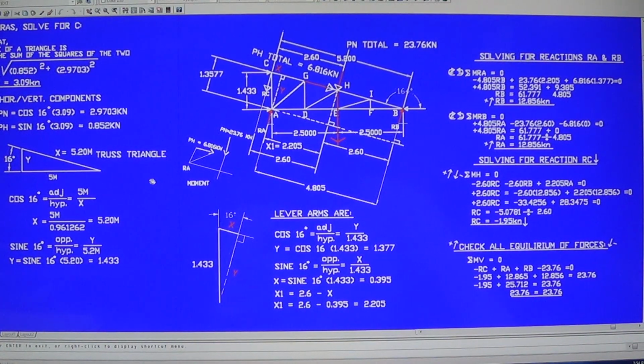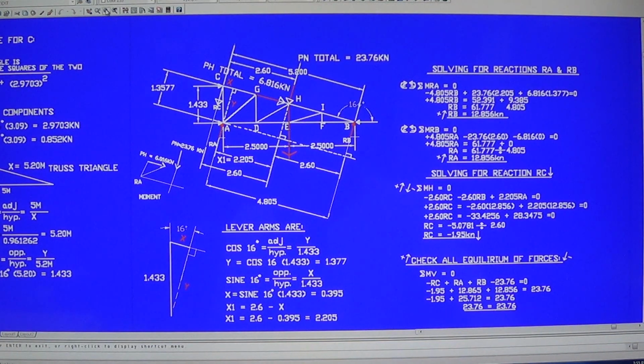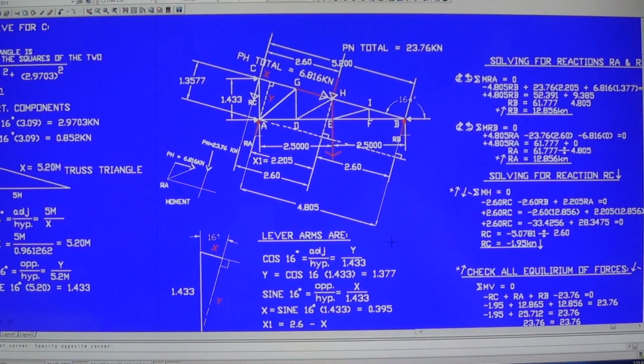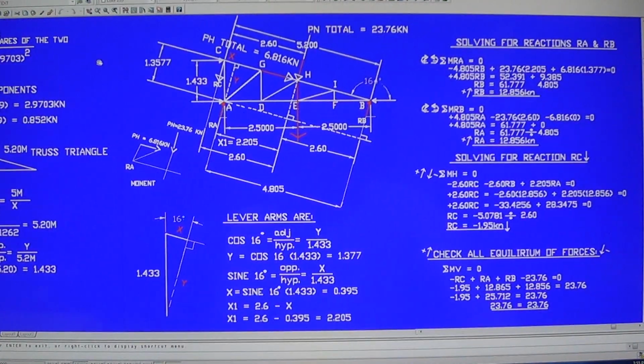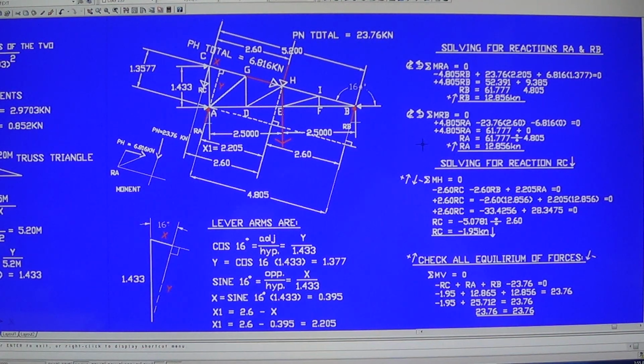Okay, now here's how we attack this problem. Now we have all these.